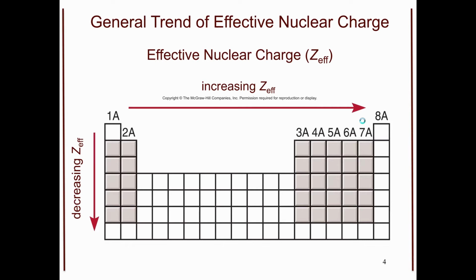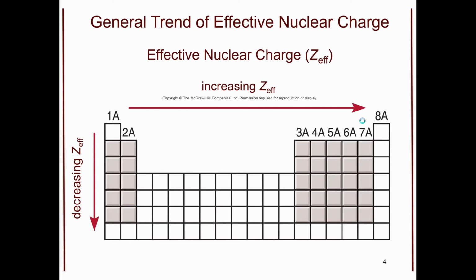As we go down the periodic table, however, we are going to put our electrons in orbitals farther away, increasing the number of core electrons and shielding electrons that we have. So we are going to see a decreased effective nuclear charge as we go down the periodic table.